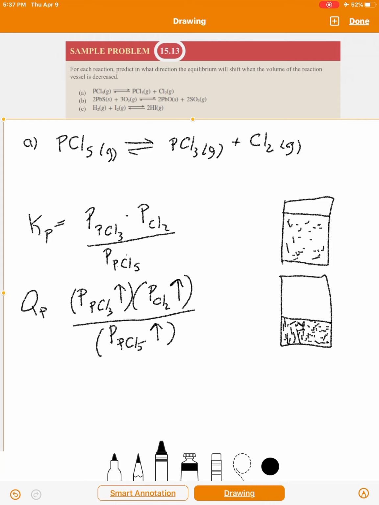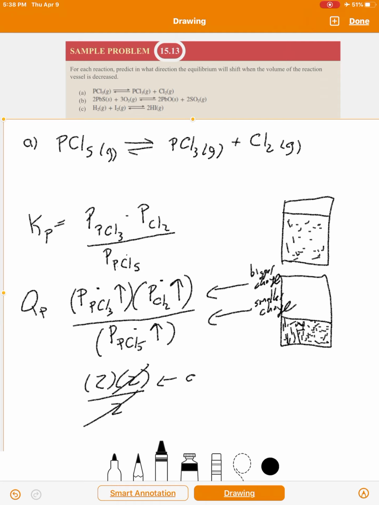The question is, what has the larger effect, the numerator or the denominator? Mathematically, if you increase one term, let's say you double it, and then you increase the second term and you double that one, and then you increase the third term and you double that one, you have a bigger change in the numerator than you do in the denominator. This is a bigger increase. The reason for that is that if you double something and then you double it again and then cut it in half, you doubled it.